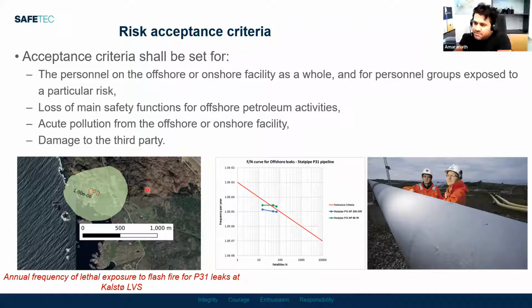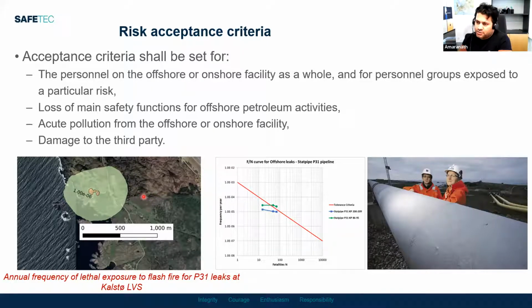So it's important to perform risk analysis for both onshore and offshore systems, and onshore systems are even more important because then you have an exposure of the people living in the surrounding area. So the risk analysis methodology needs to be established based on the frequency and the consequences, and then we need to calculate the risk level and compare it with the risk acceptance criteria.